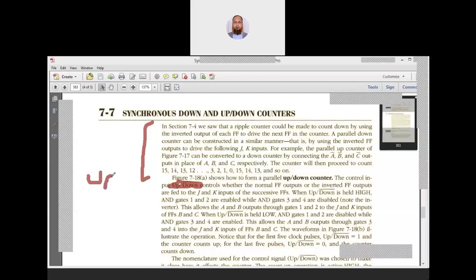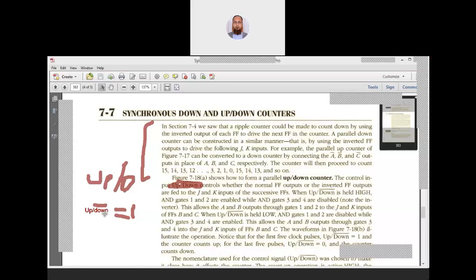I will write it as up slash down bar, where down bar means the complement. When this is 1, up is enabled, and down bar is high, which means down is low.